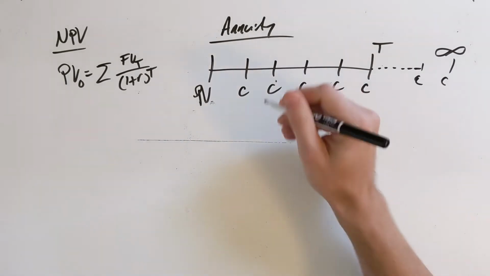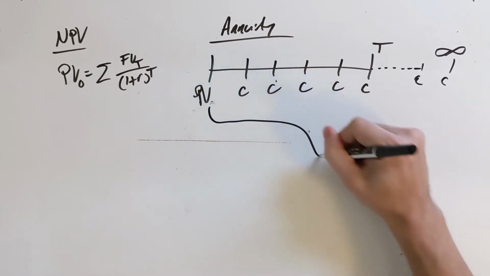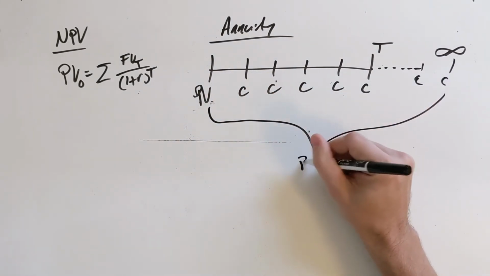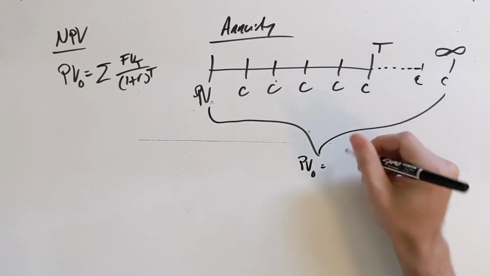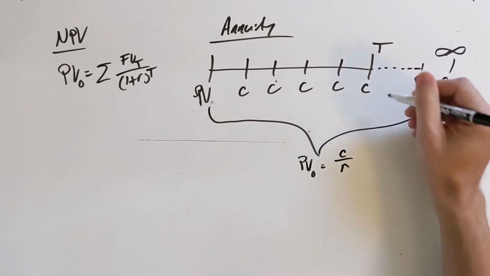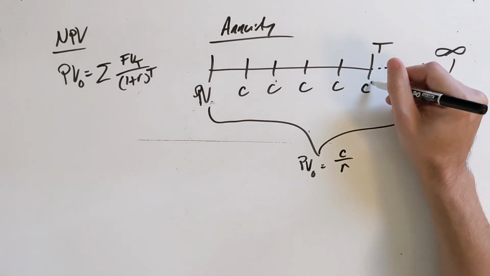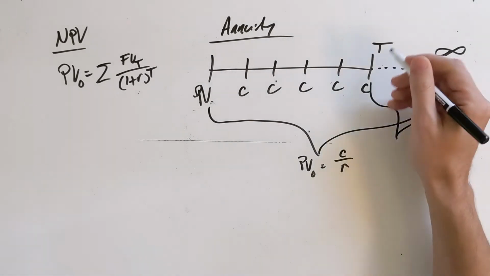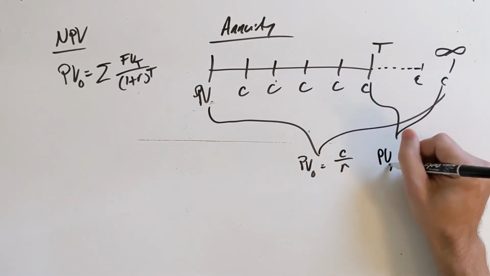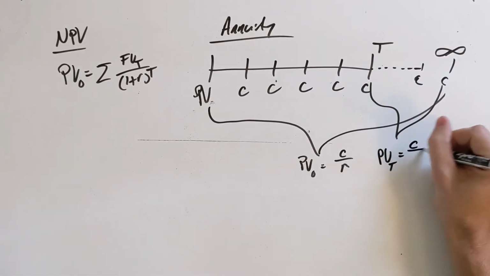Okay, so I said we've got this whole thing which represents a perpetuity that goes on forever, but then there's this piece, this whole value, which is the perpetuity at time t.